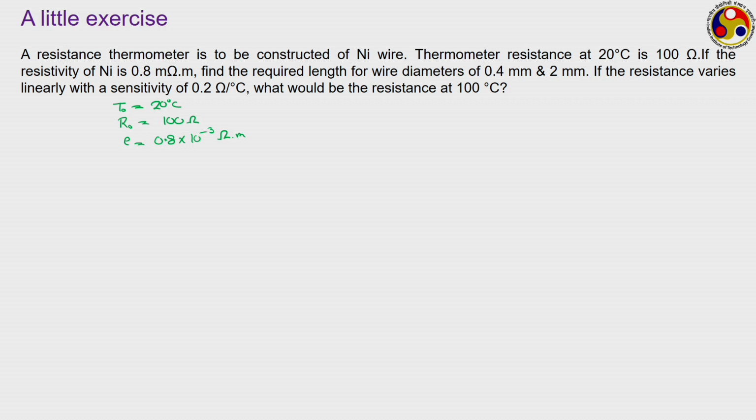Now what is the definition of resistivity? It is actually a very simple question. At least for the first part we do not have to use any concept of temperature measurement, it is just the definition of resistivity.